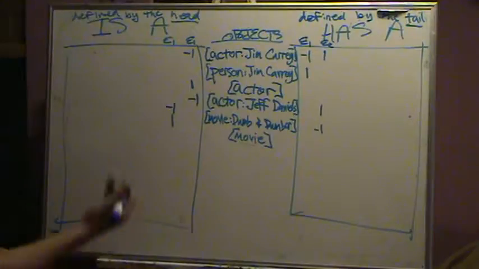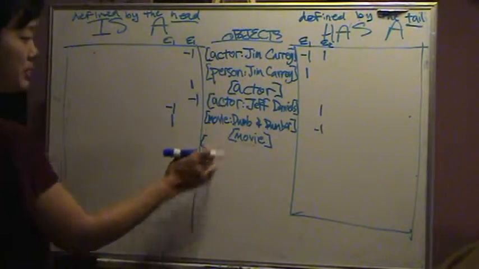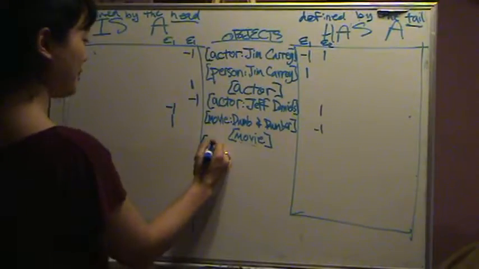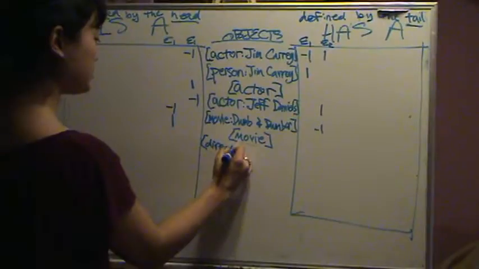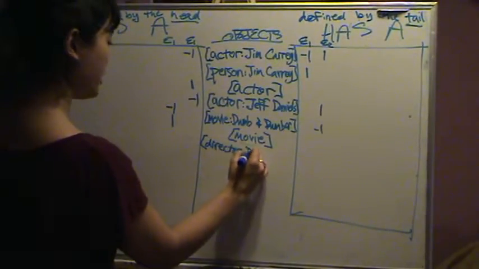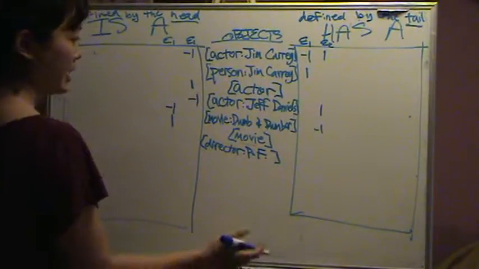Alright, so now let's say another property that this movie has. Movie Dumb and Dumber has a director, which is Peter Farley, just put PF.